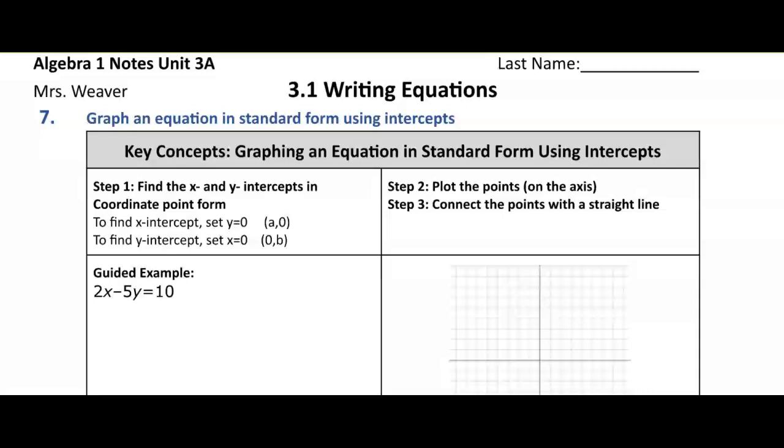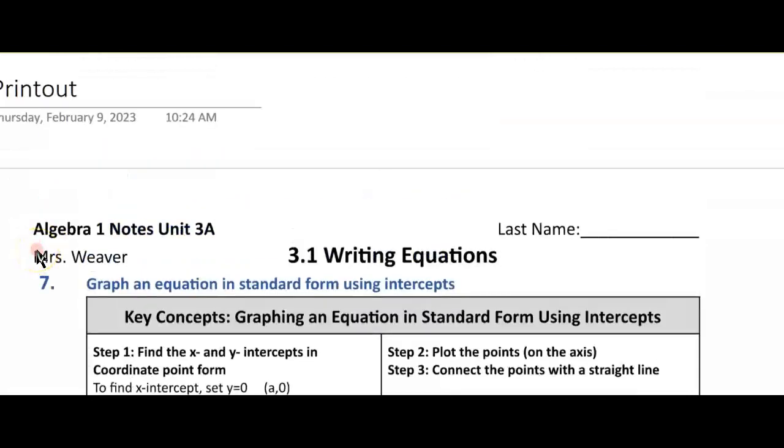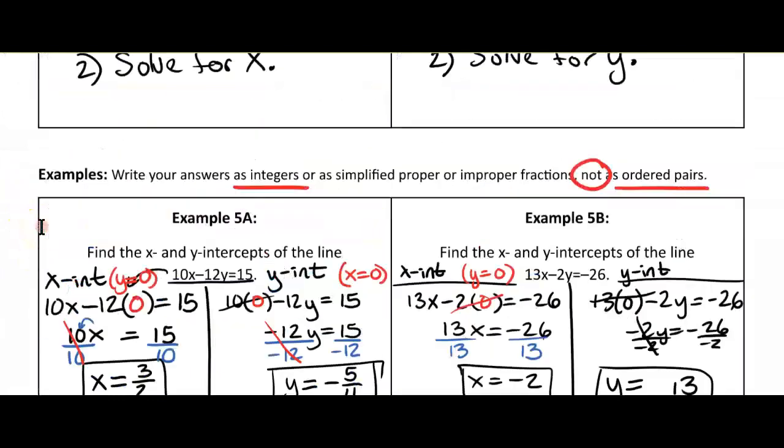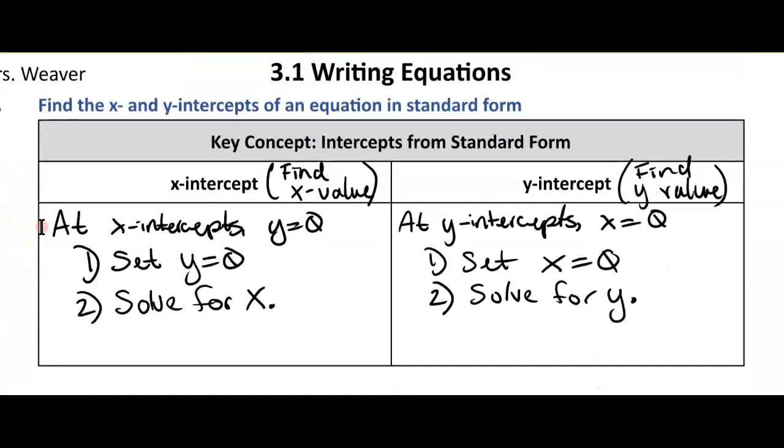Our objective 7 here is to graph equations in standard form using our x and y intercepts. Our previous objective, objective 5, was finding x and y intercepts from an equation in standard form.